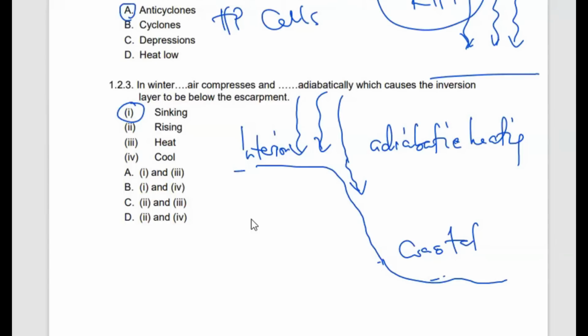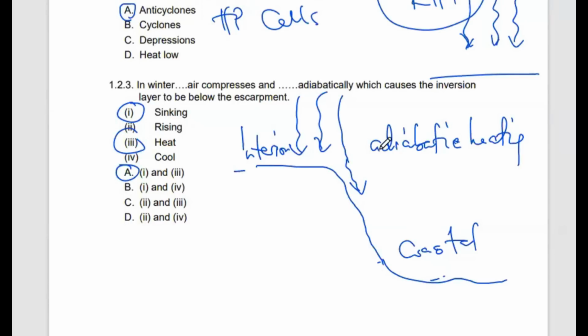The air molecules are exposed to more pressure as they sink down, and because of the increase in pressure, there is limited space. With that limitation of space, the average temperature of the molecules is going to increase because of the reduction of the space the air molecules occupy. So we tend to have adiabatic heating happening. So we have item 1 and item 3. Our correct response is item 1 and 3, which we find at A. That is our correct response for that particular question.